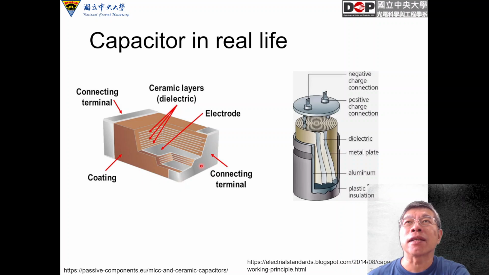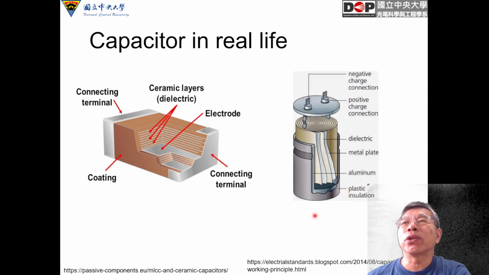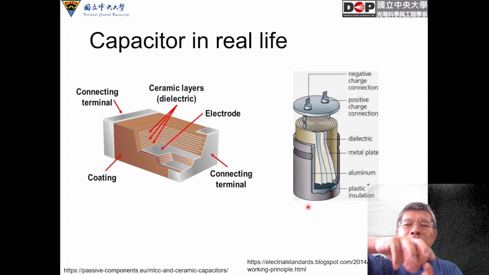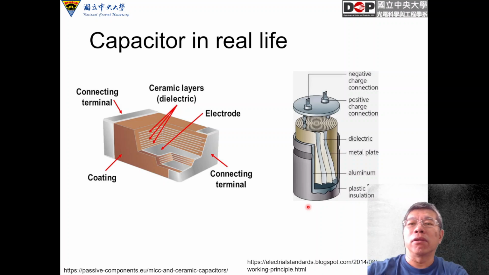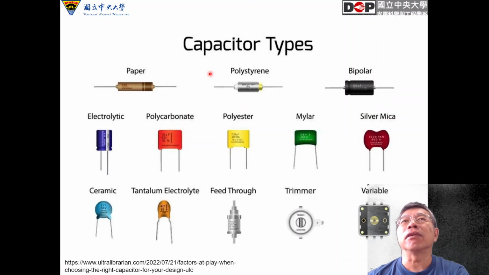Okay, so this is the capacitor in some surface mount electronics. And this is more traditional. It is still like two parallel plates, but rolled up into a rod. Then you connect it, and it becomes pretty much what you see in the electronics lab, called an electrolytic capacitor. There are still many types of capacitors.